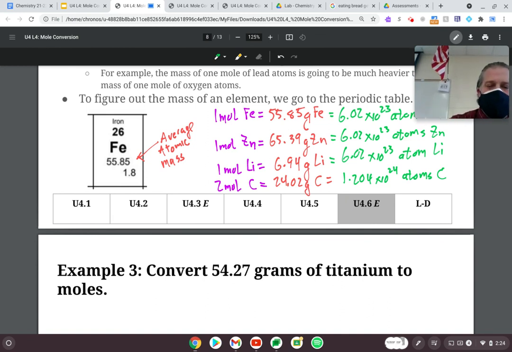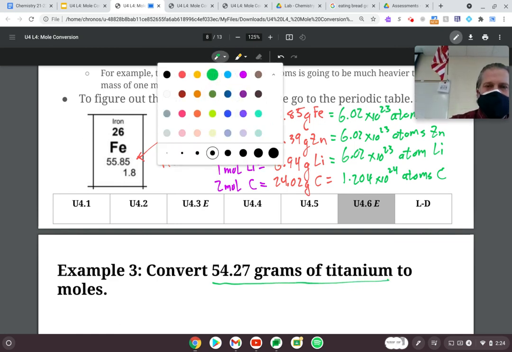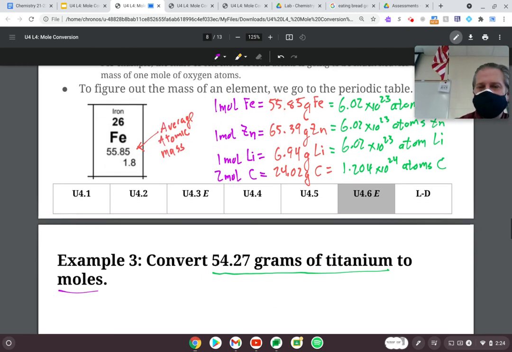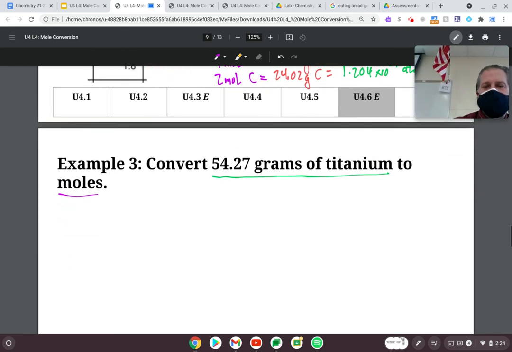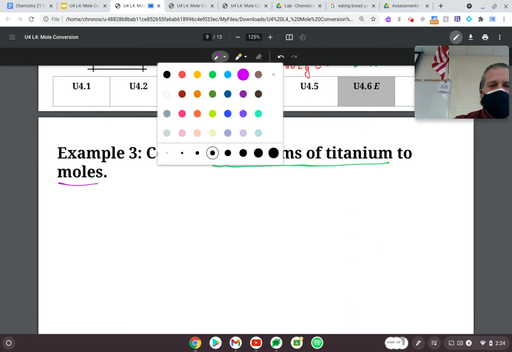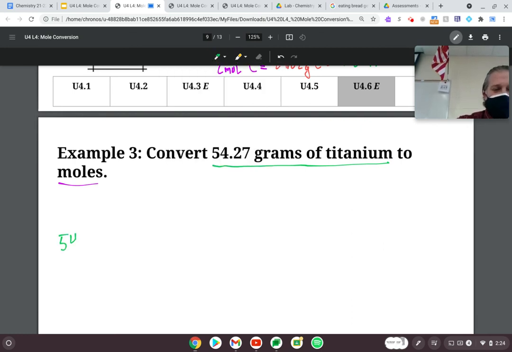So here I'm going to convert 54.27 grams of titanium into moles of titanium. I'm going to do like I've done in the past, which is 54.27 grams of titanium over 1.